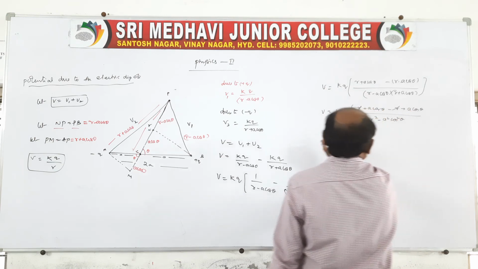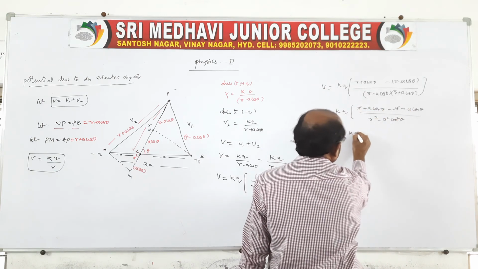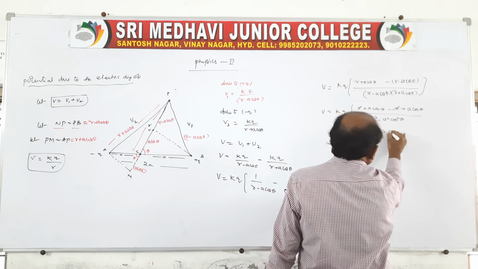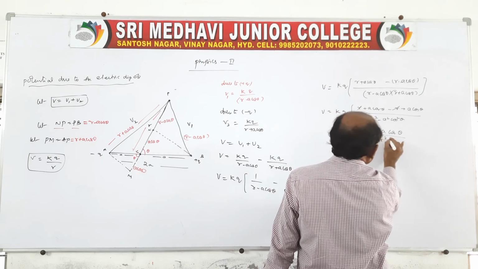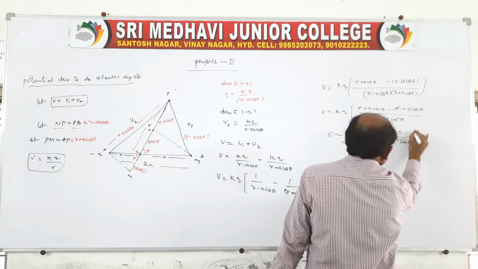So minus R plus R is cancelled. V is equal to KQ into 2A cos theta by R square minus A square cos square theta.